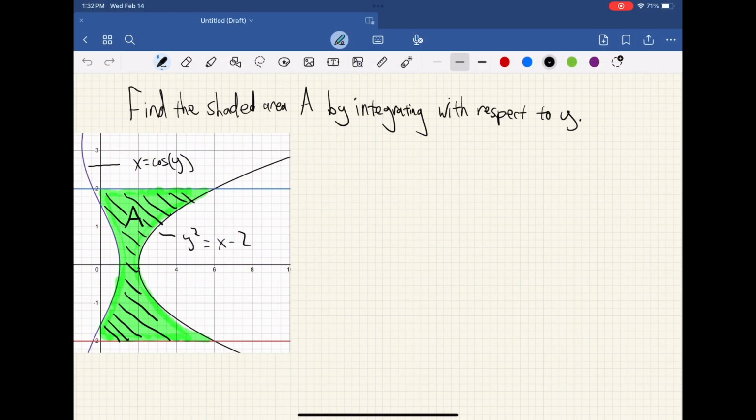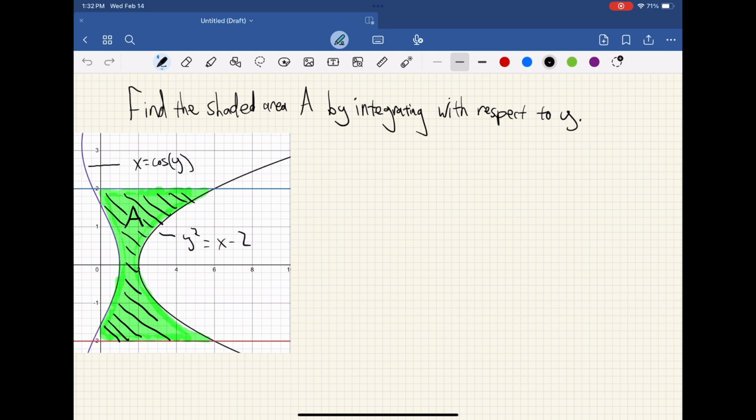Okay, so what if we have a similar problem where we need to find the area between some curves? But in this case, we're given a graph, and it says find the shaded area A by integrating with respect to y. So the shaded area A is between several curves, actually.